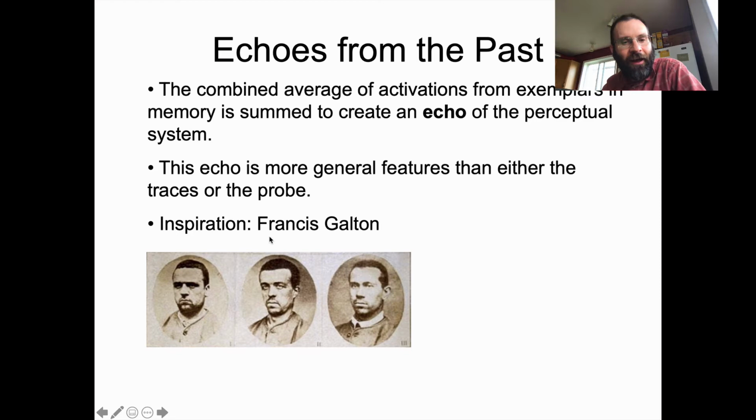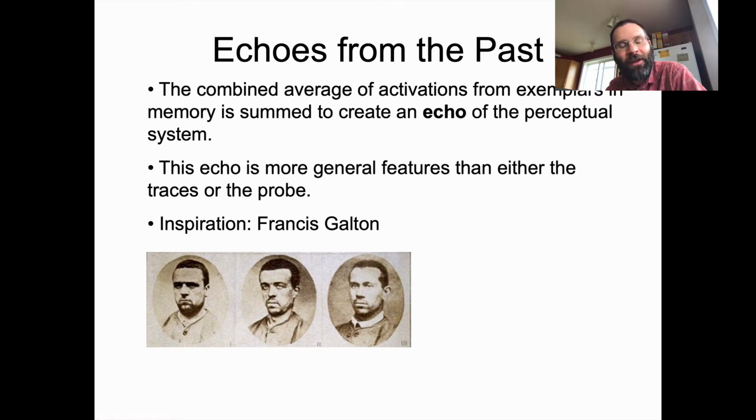This other analogy follows the same logic. He did stuff which would no longer be considered politically correct in this day and age, but it's similar to what is happening when you have an echo in your perceptual system when you hear some speech token. This is in the early days of photography. He'd take pictures of people and overlay the exposures on top of one another to get an average image of particular kinds of people. He was doing this to classify different ethnicities or races, which is now largely considered offensive for hopefully obvious reasons.